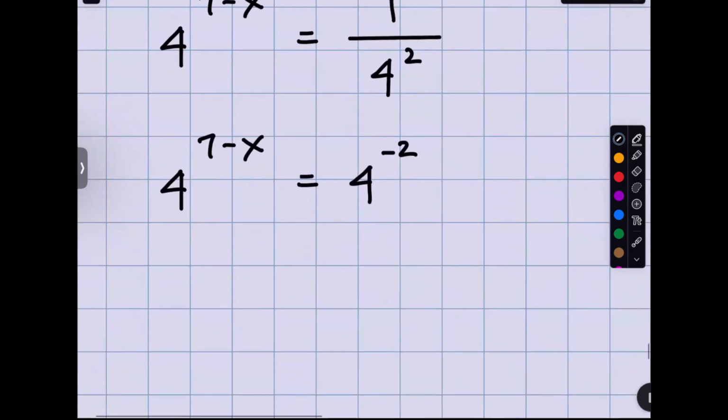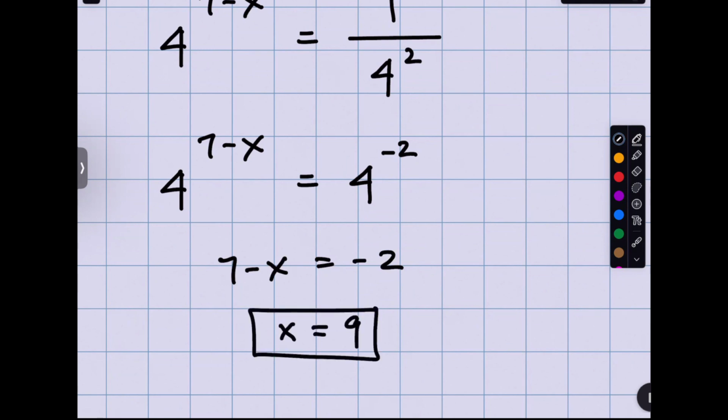Since the bases are the same, the power must be the same. That's one way of doing it. Because it all depends on how your brain thinks.